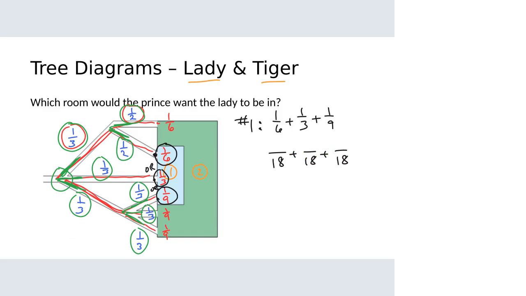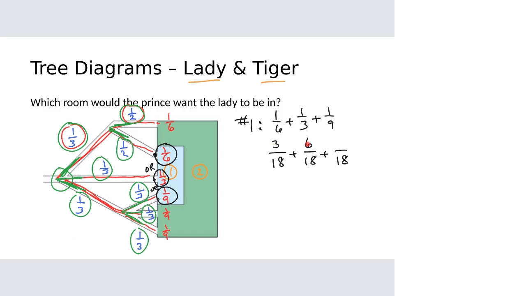So now we want to write equivalent fractions. If we multiply the denominator by 3, we multiply the numerator by 3. Always nice to review fractions. If you're a little rusty, that's okay. But it makes it fun for me. If we multiply the denominator by 6, we have to multiply the numerator by 6.